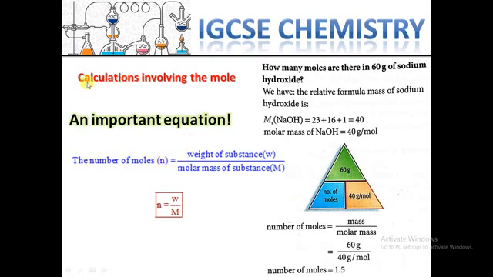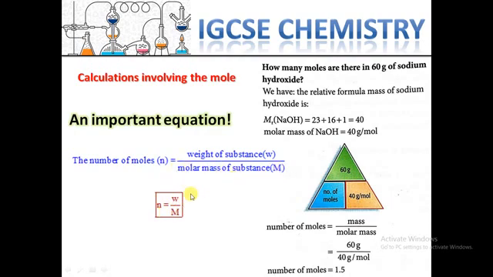Okay, in this way we are going to calculate any relationship which involves the mole, like the number of moles is N, weight of substance is W, and molar mass of substance is M. Okay, N equal W divided by M.